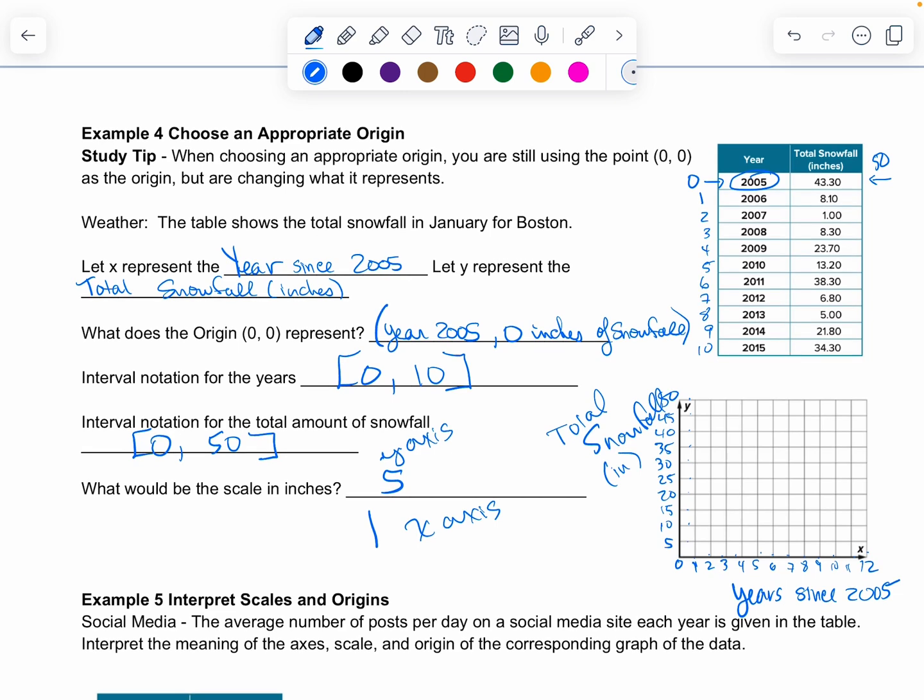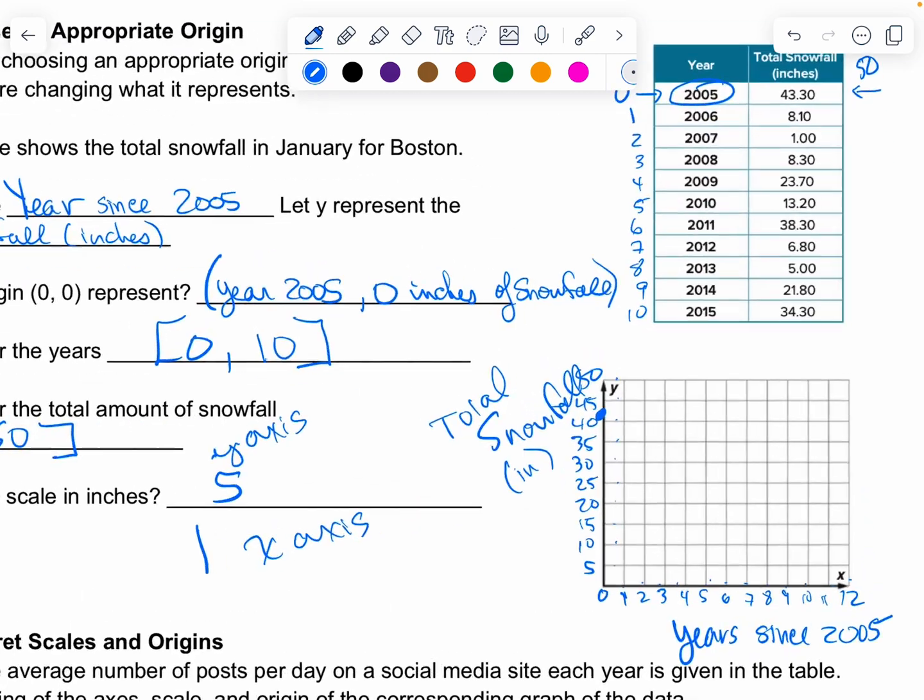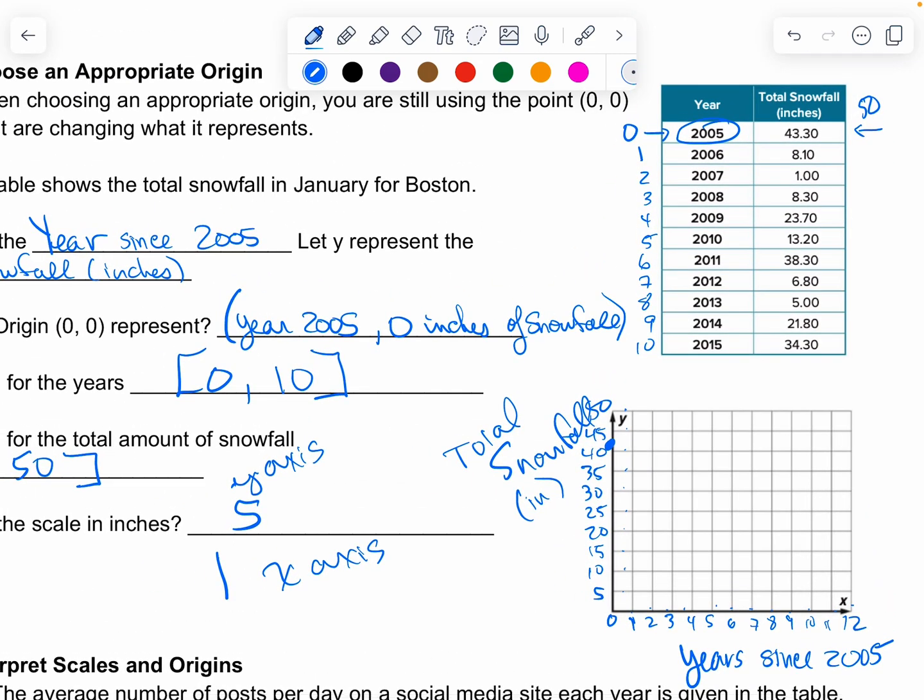Okay, so now we plot our points. So 2005 is 43, so that's up here. Maybe I'll make that a little bit bigger. 2006, 8.10, so somewhere in here. Then 2007 is 1. And then 8.3. And 23.7. Why isn't it working? There we go.